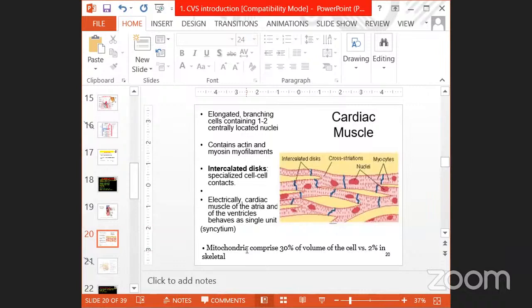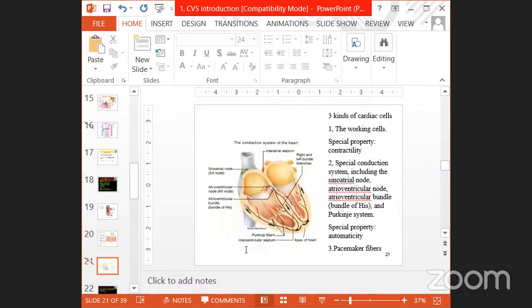And the mitochondria of the cardiac muscle comprise around 30% of the volume of the cell versus 2% in skeletal muscle. So a very minute quantity is present in the skeletal muscle compared to the cardiac muscle.